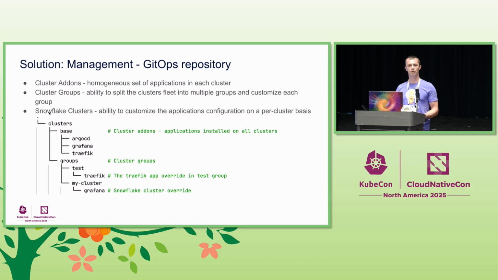So the goal was to let the administrator define declaratively in Git all applications that should be installed on every cluster. And then additionally, the administrator should be able to create overrides for a specific cluster group or even individual clusters.